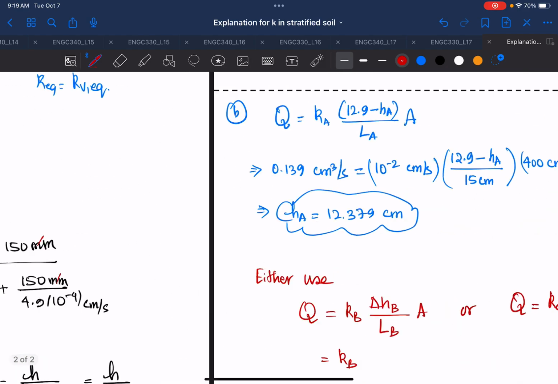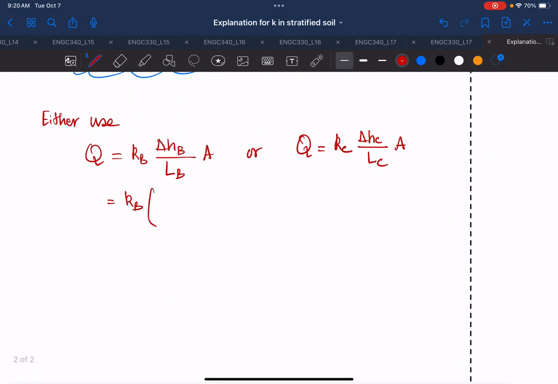So delta HB will be HA minus HB divided by 15 centimeter, into 400 centimeter square.